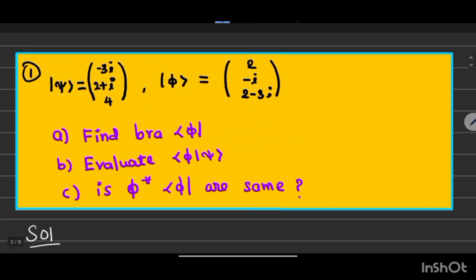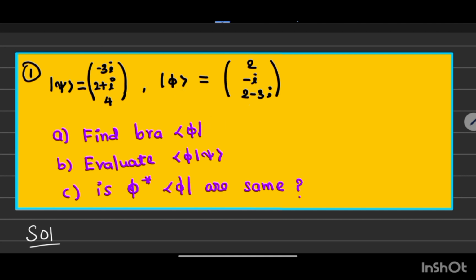Two ket vectors are given from the vector space that consists of matrix as vector elements. Two ket vectors are given, psi and phi. In the first question, we have to find the bra vector that corresponds to the given ket vector of phi.